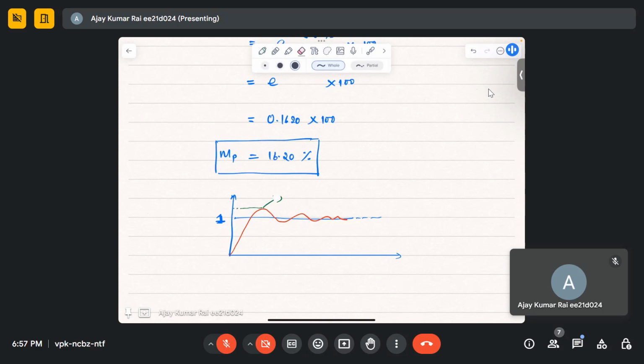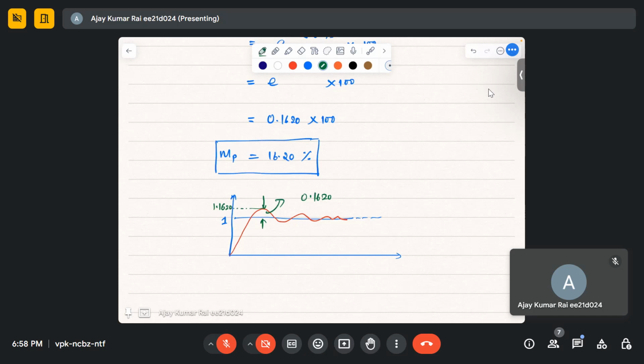This is because we calculated 16 percent, or 0.1620 not in percentages, with respect to 1.